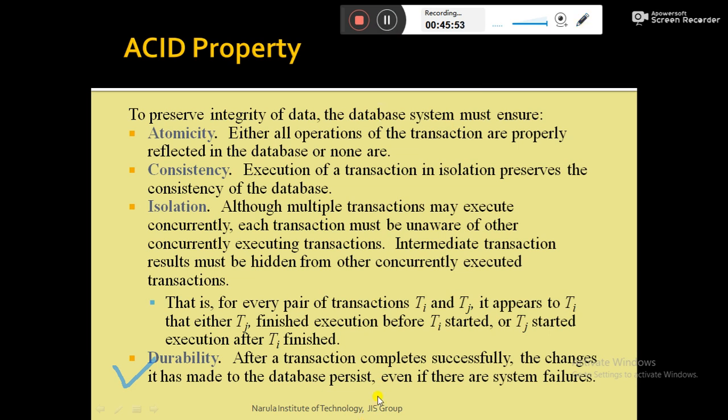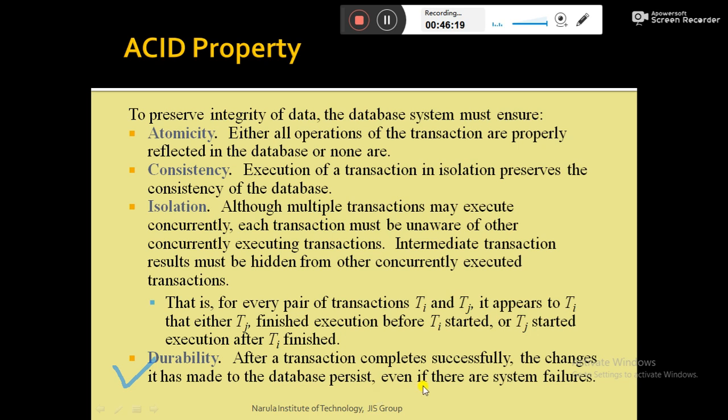That means if the transaction completes successfully and has already updated the database, then if the database system crashes, whether from a hardware failure or whatever it may be, the changes it has made to the database should persist even if the failure occurs.